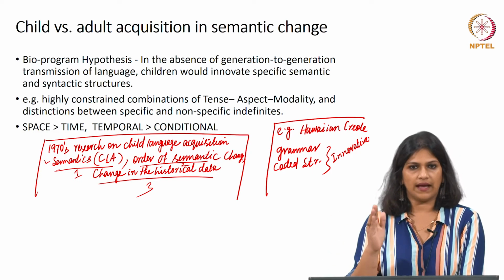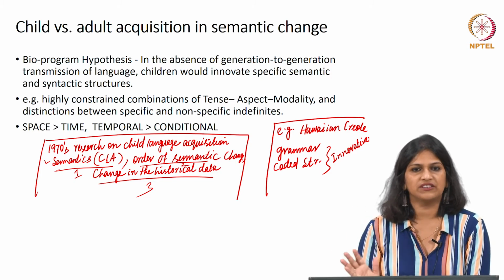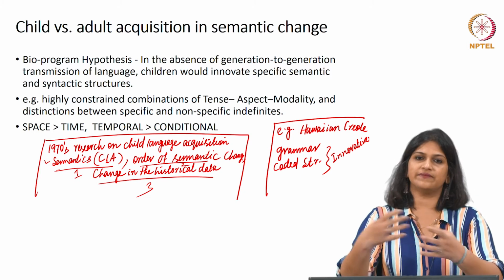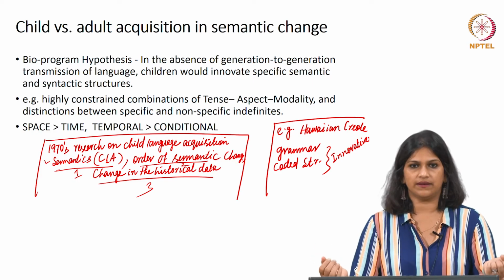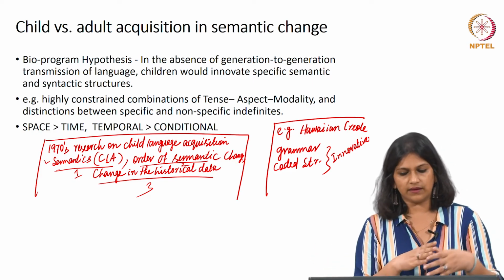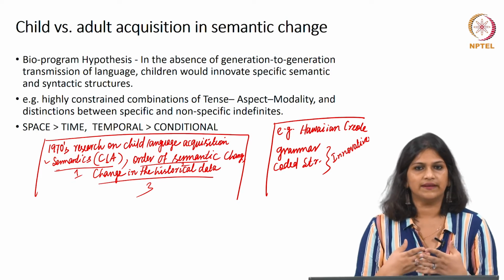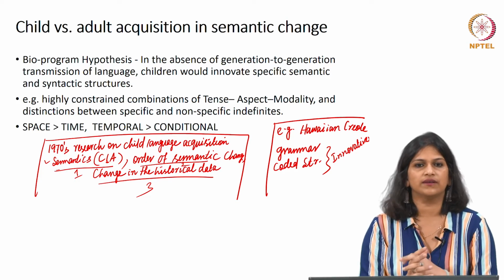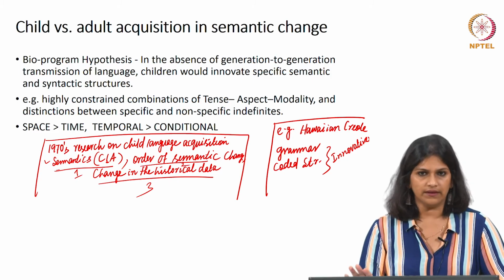So, space is higher than time, and temporal is higher than conditional. This is a cross-linguistic semantic typological development, right. When you look at child language acquisition, you will always find that this kind of relation can be drawn.